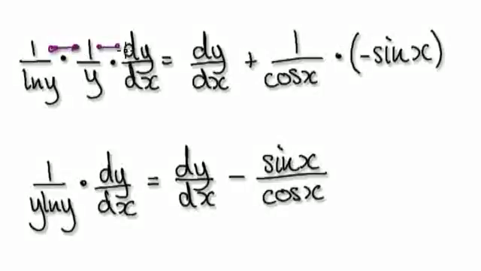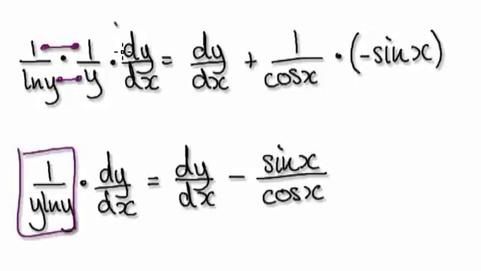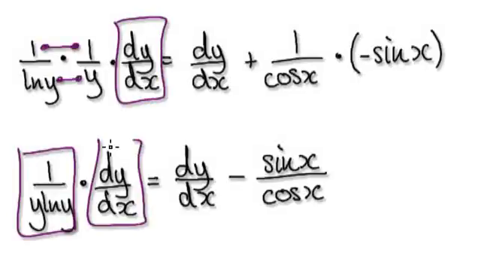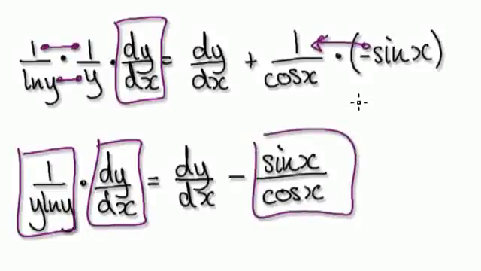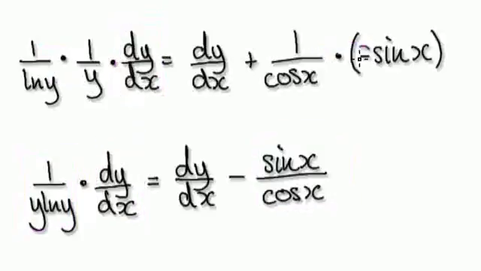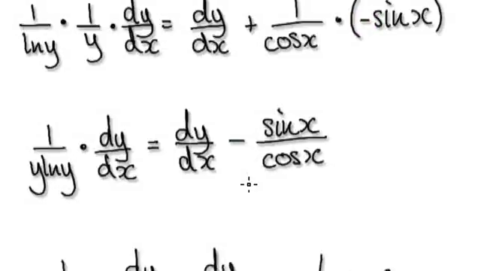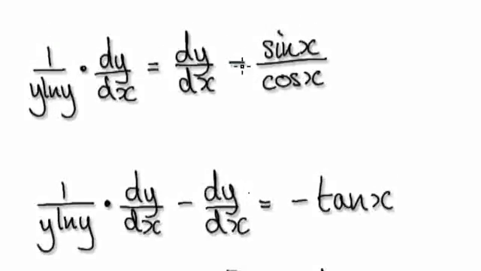Top times top times top, bottom times bottom times bottom here. So actually just merge these two together. That will then give you this, and leave dy by dx alone, and then this gets multiplied to the top, giving you this. Okay, you've got a minus here, and you've got a minus here, so that gives you this minus here. Well, anyway, tidy this up.